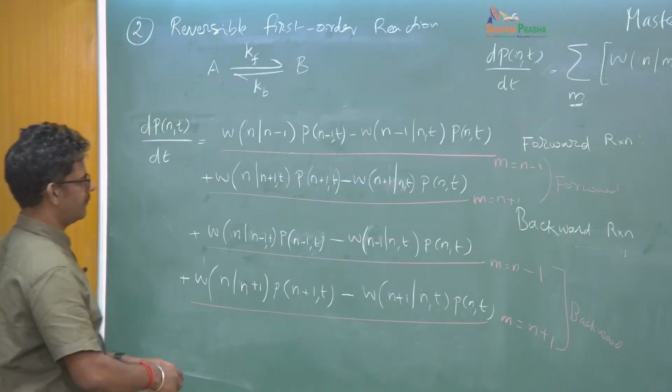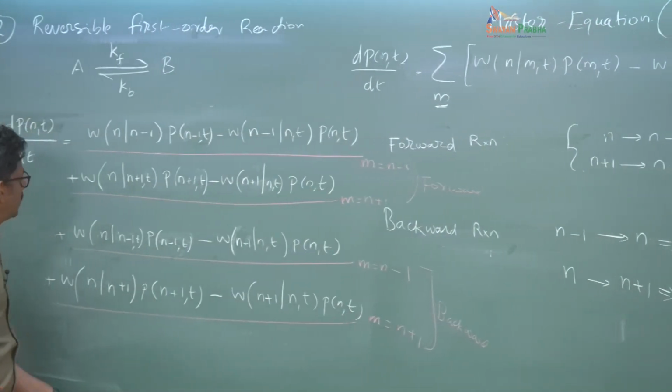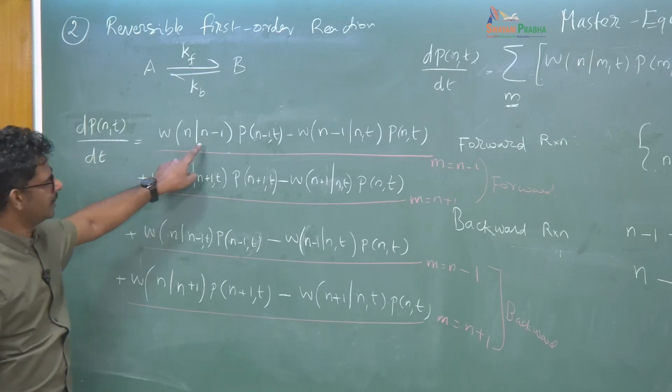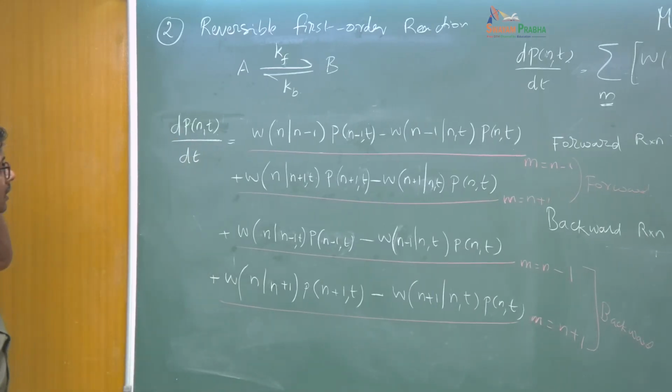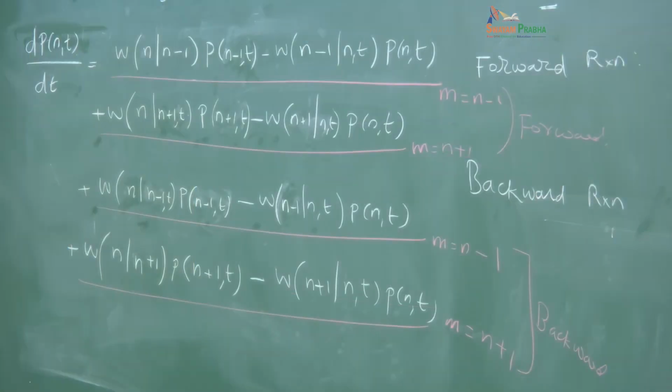So now we have already defined all these coefficients, so we can replace them here. Forward, n minus 1 to n.